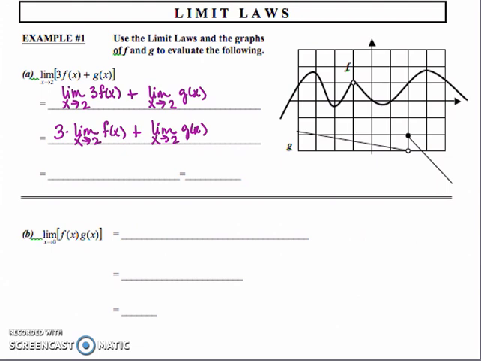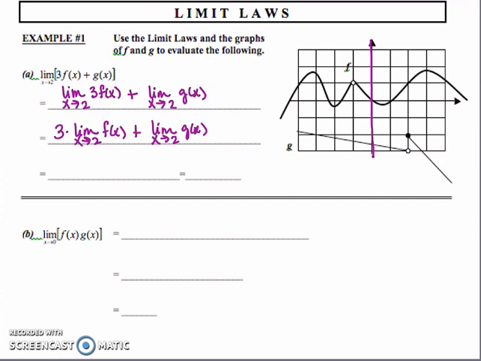So I'm looking at the limit as x approaches 2. So hang on here, this is a little bit hard to read. So here is my y-axis right there, okay? So the limit as x approaches 2, so when we're looking at 2, this is going to be the limit as x is approaching 2.